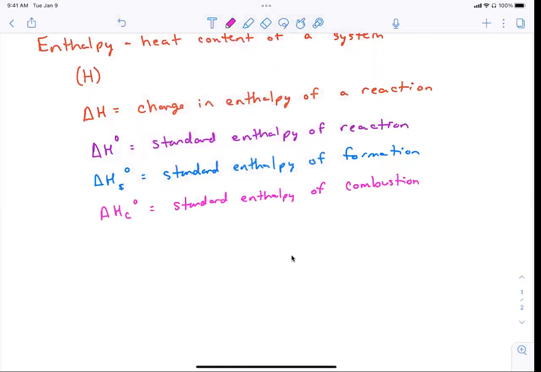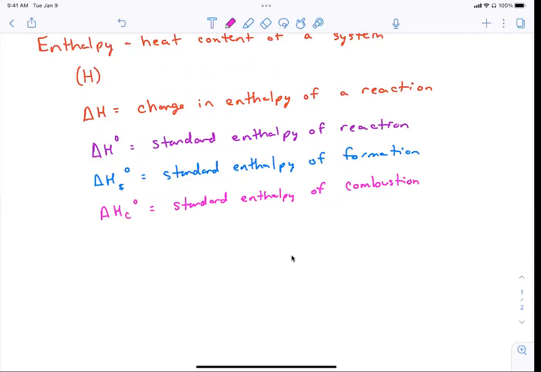Those are the big delta H values that you may have to calculate or use in this topic. Yes, Marina. Correct, in all of chemistry, if you see a little degree symbol as a superscript, that means standard conditions.